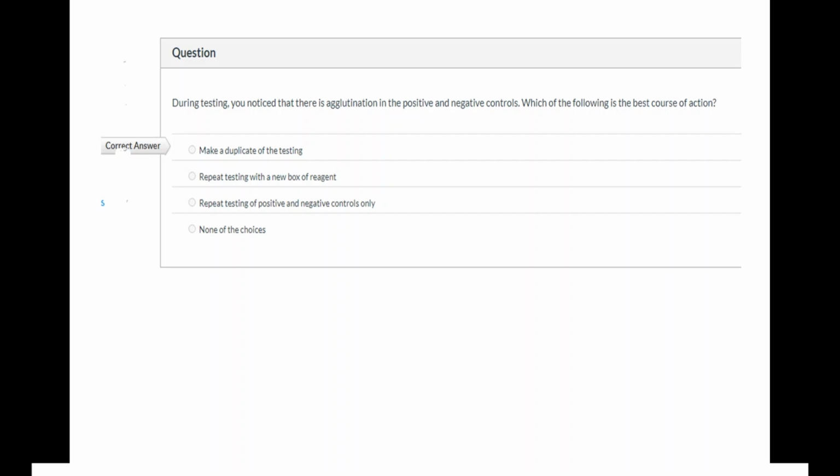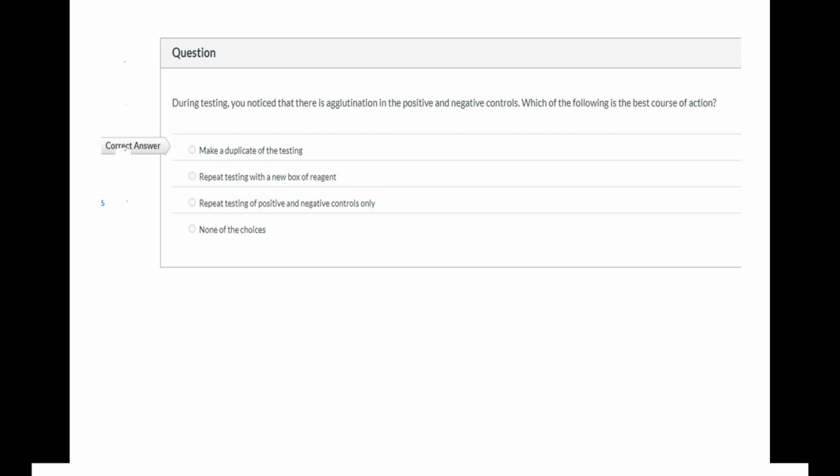Whenever we perform any tests or any diagnostic methods, if we ever encounter any discrepancies, the very first thing that we have to do is to repeat the entire testing. So when we say repeat the entire testing, repeat testing the controls, positive and negative, and you repeat the entire batch of patient specimens in the testing.